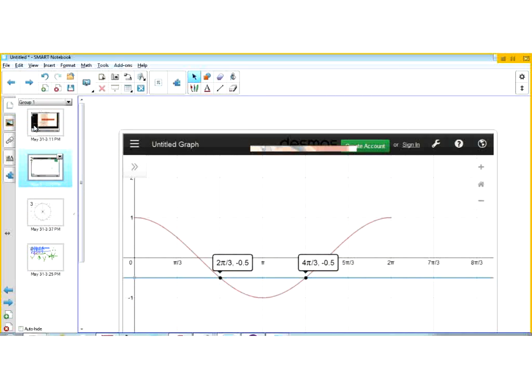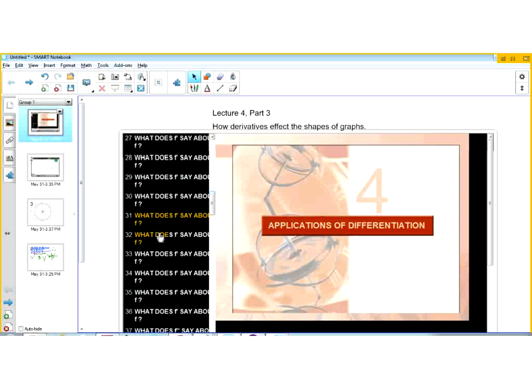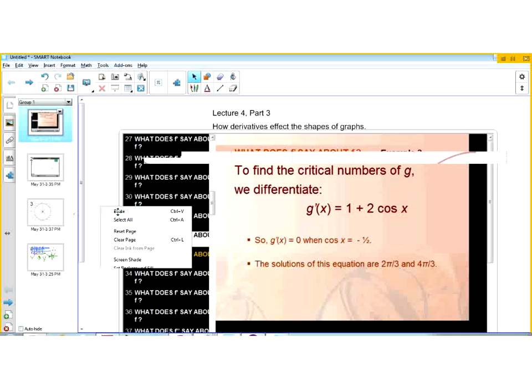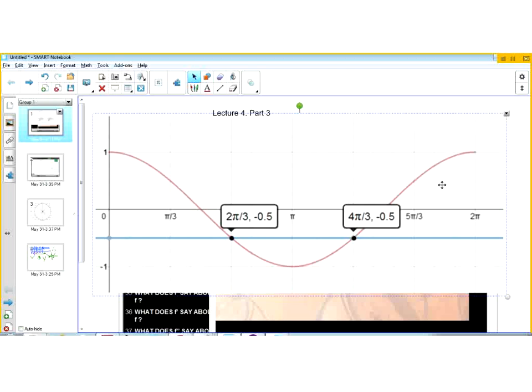All right, and so we'll go back to slide 32. We want g prime of x equal to 0, so when cosine x equals negative 1/2. They give you the solutions, but you need to know how. One way of finding the solutions would be to use this calculator, deduced from this picture right here.